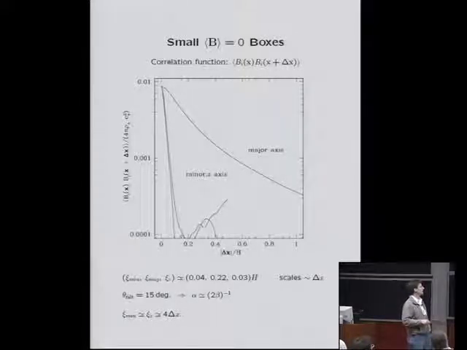And it turns out that these things scale as the resolution. So if I increase the resolution by a factor of 2, the correlation length drops. So it's always about four zones in scale along the minor axis and the z-axis, which tells us that we're not resolving the turbulence.